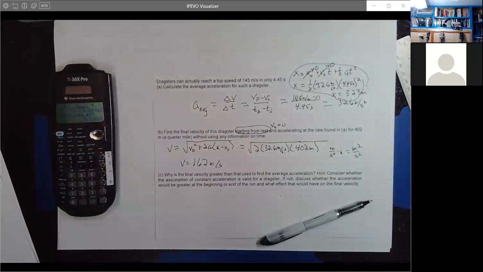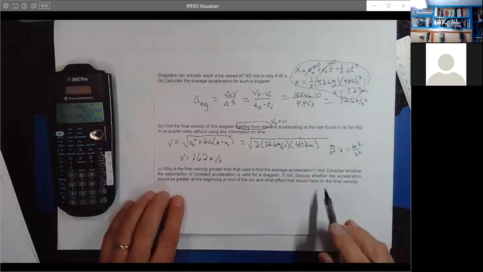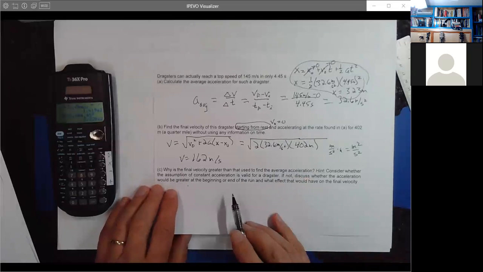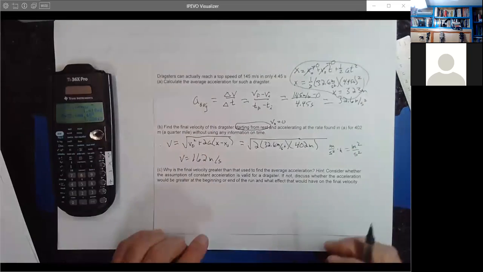So things aren't all that uniform during the motion of a dragster. The acceleration for a short time at the beginning is close to 0 because the wheels are spinning and it's not moving forward very fast at first.